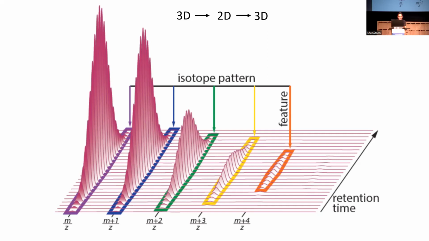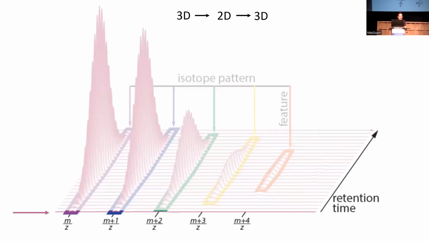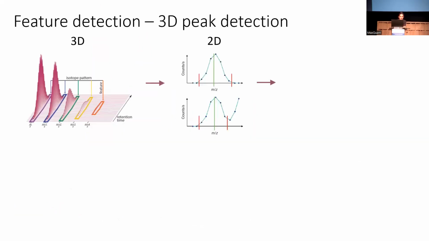And to do that, we have to go from the 3D plot that we have here to 2D first, and then go again to 3D. So what I mean by that, we have to go one MS scan at a time. So we have to slice the retention time again. So from 3D, we go to 2D. And again to the next one, to the next one, and to the next one.